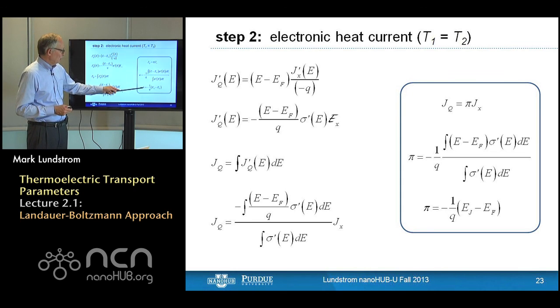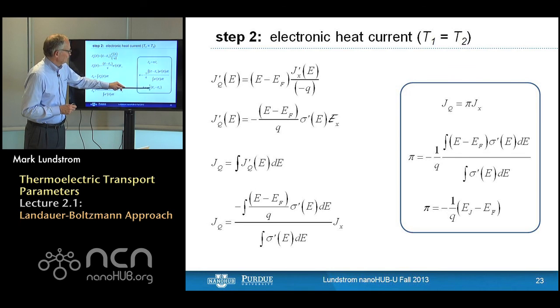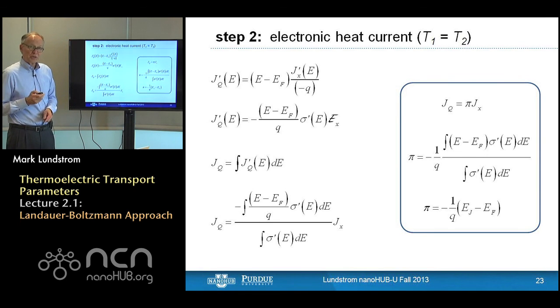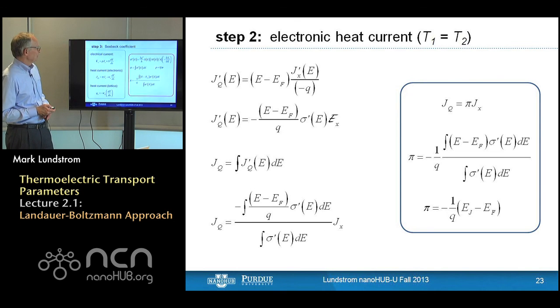And the Peltier coefficient has a negative sign out front because the states are above the Fermi energy, and F1 minus F2 is negative. And then it's related to the average energy at which heat flows or current flows with respect to the Fermi energy. So we have a simple expression for the Peltier coefficient.